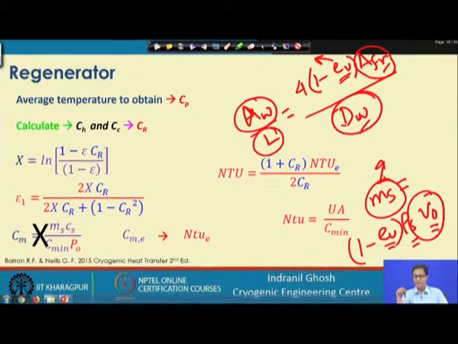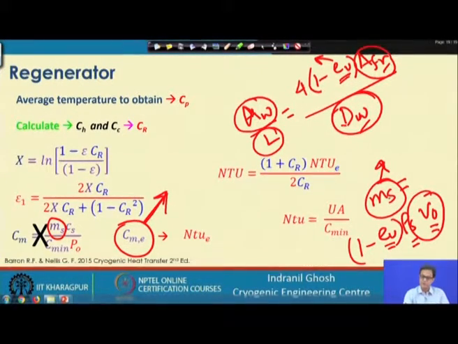But please mind that this was based on an assumption that we have assumed some value of the matrix capacity rate ratio, because we did not have an idea about this MS. So, we have done all this calculation based on some value of the MS, and now we are getting some value of this MS at the end.